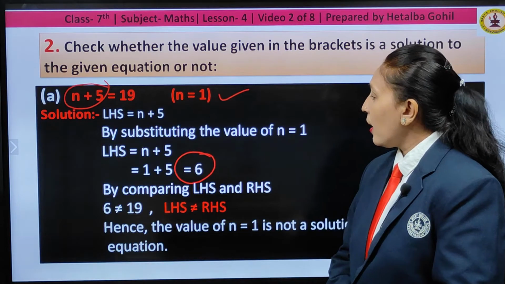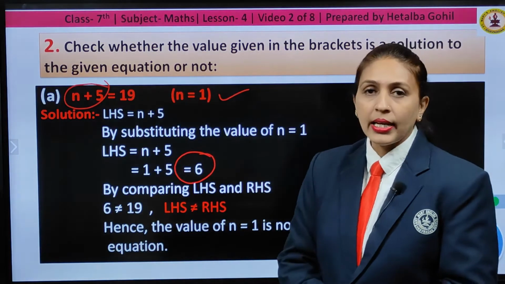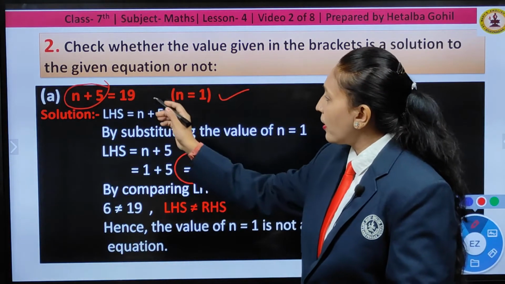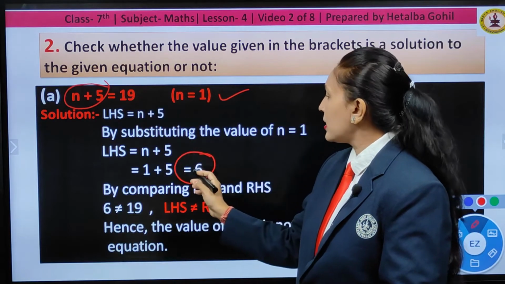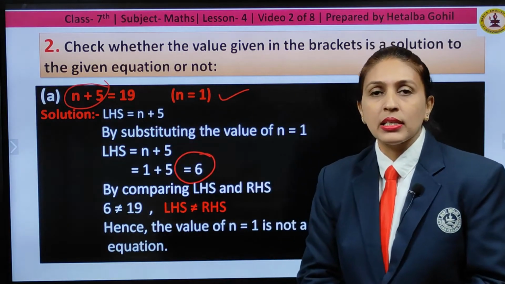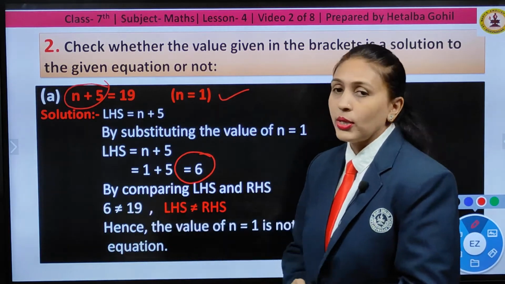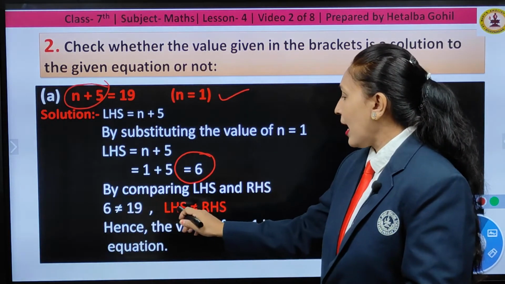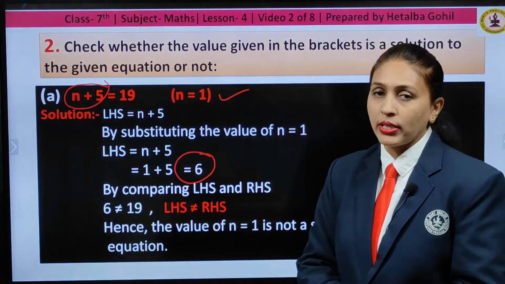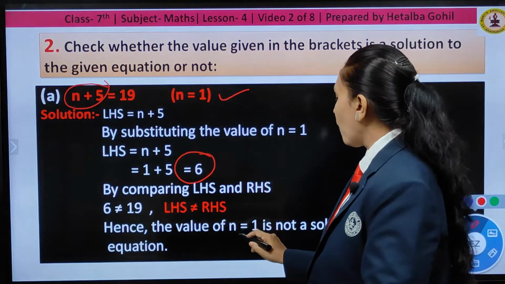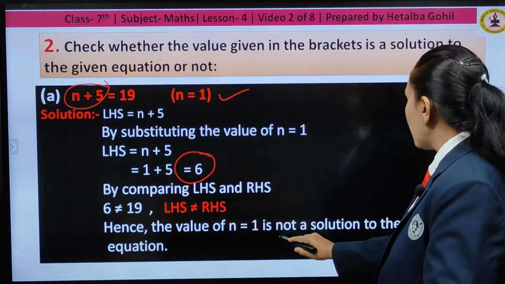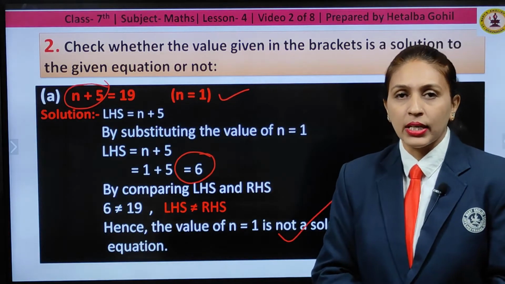The RHS is given as 19. That means 6 is not equal to 19, and hence LHS and RHS are not equal. Hence the value n equal to 1 is not the solution of the given equation.